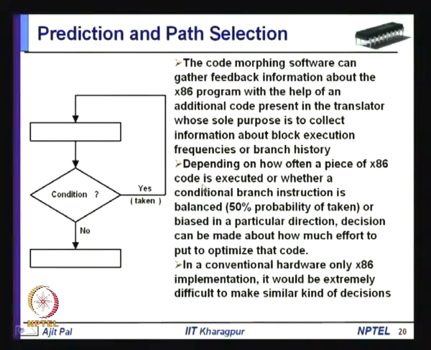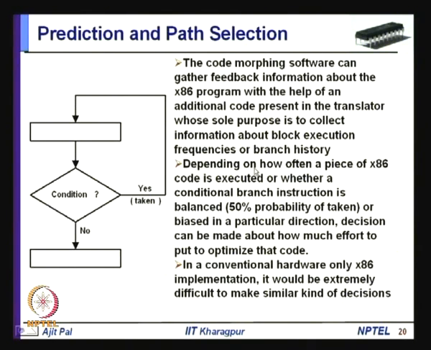Why? For example, here there is a branch; it may be taken, in which case it will go in this direction, and if the condition is not satisfied, it will go back to this. If the taken probability is more, then you will put more effort to optimize this part of the code. On the other hand, if the untaken probability is more, you will put more effort on this part.